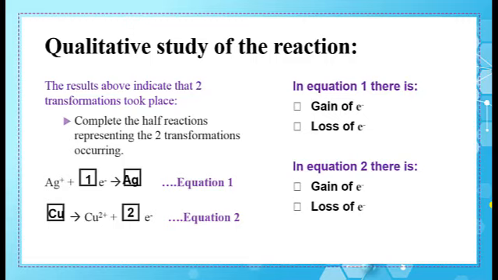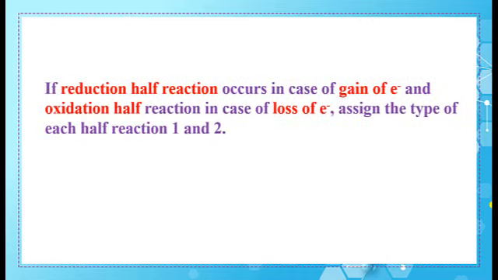In equation 1, is there gain of electrons or loss of electrons? Look at the electrons in equation 1. They are at the reactants, then we say that there is gain of electrons. In equation 2, since the electrons are found in the products, then we say that there is loss of electrons. And if reduction half reaction occurs in case of gain of electrons and oxidation half reaction in case of loss of electrons, let's assign the type of each half reaction.